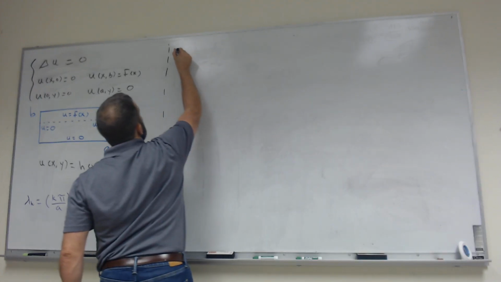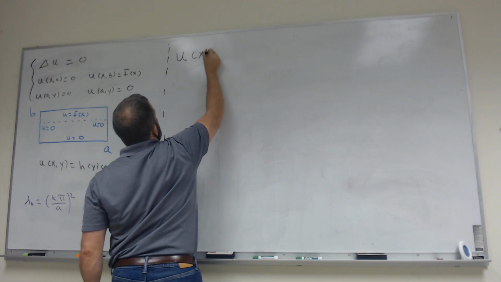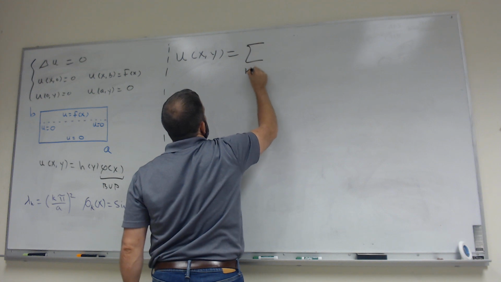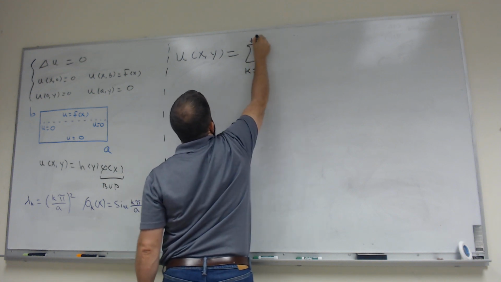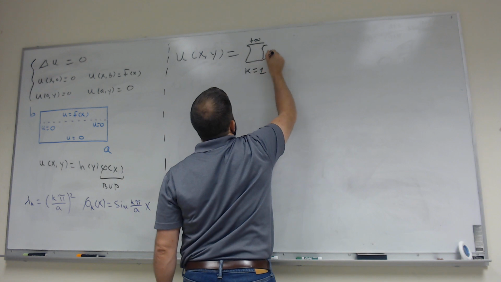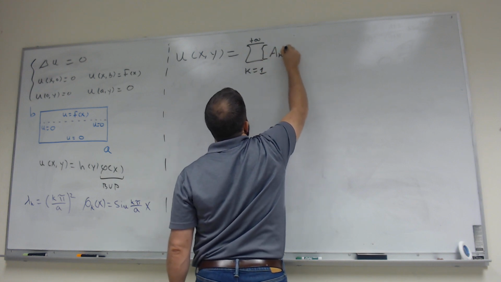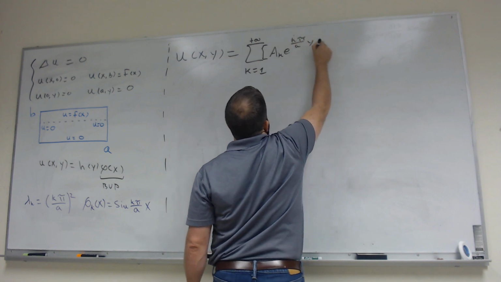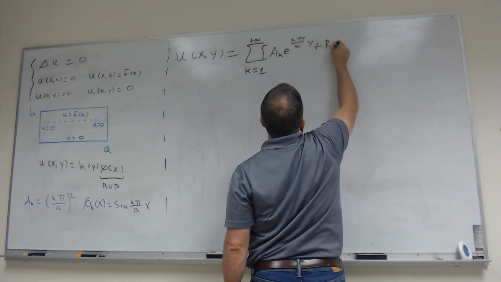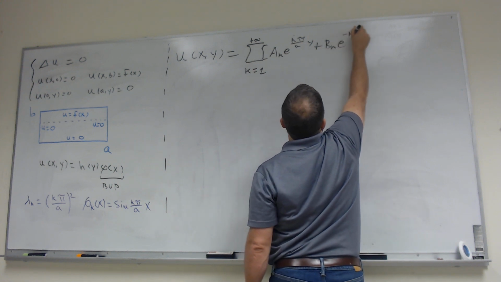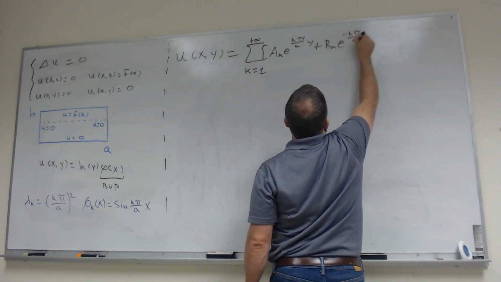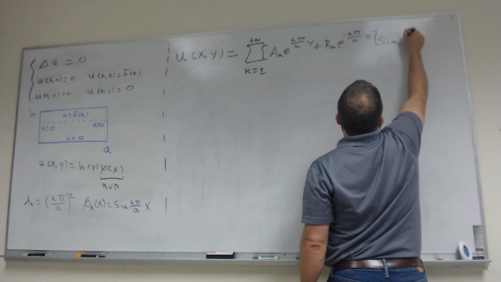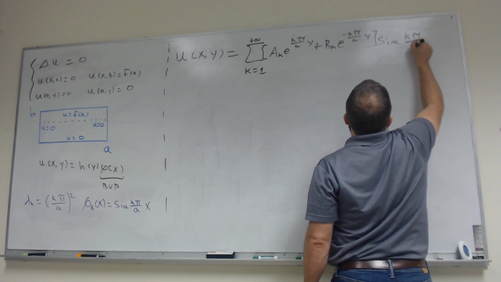So u of x, y is going to be the sum from k equals 1 to infinity of a_k e to the k pi over a y plus b_k, I think I've written too large, e to the minus k pi over a y, maybe I'll just be barely able to squeeze it in, times sine of k pi over a x.